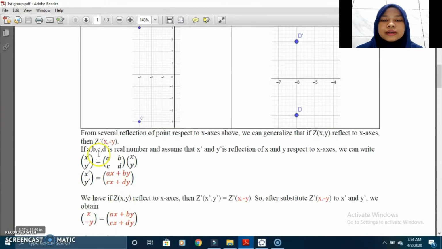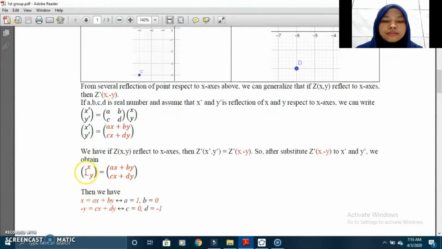If a, b, c, d are real numbers and we assume that x' and y' are the reflection of x and y with respect to the x-axis, we can write it like this: the matrix multiplication of [a b; c d] and the matrix [x; y]. This matrix multiplication is equal to ax plus by and cx plus dy. Then we substitute x, minus y for x' and y'. We have this matrix.